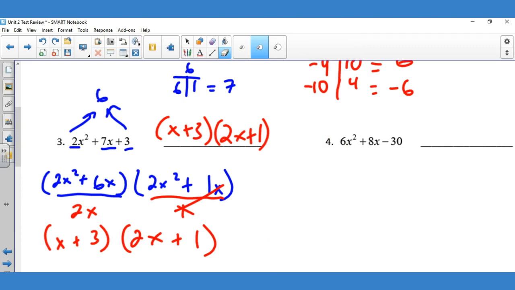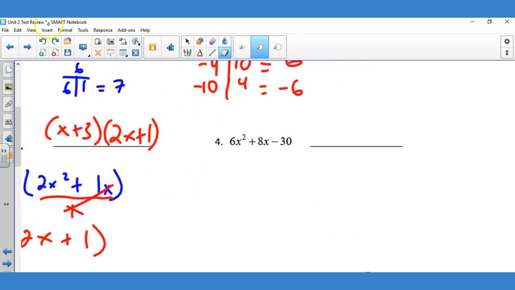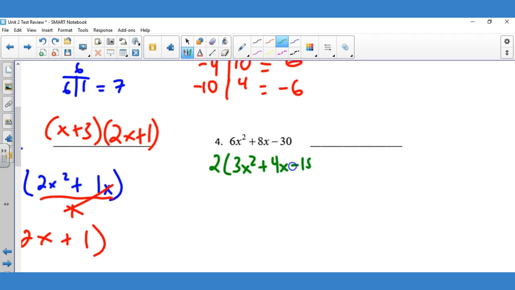All right, number 4. Let's see. Again, is there a GCF? There is. There's 2. So we're going to factor out a 2. So we have 3x squared plus 4x minus 15. All right.